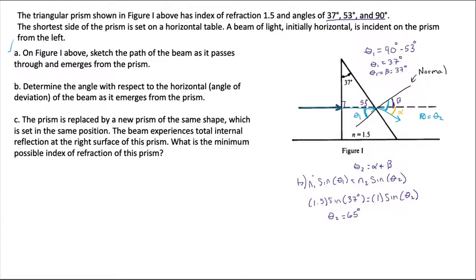Now, again, we don't want theta 2. We want the angle of deviation, which is that alpha. So alpha is going to be theta 2 minus beta.